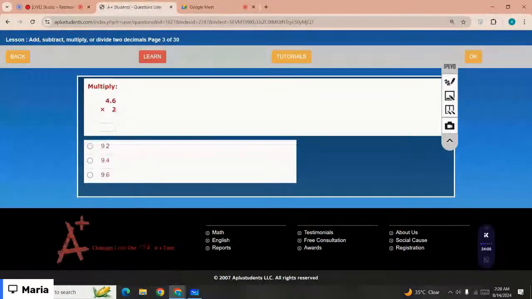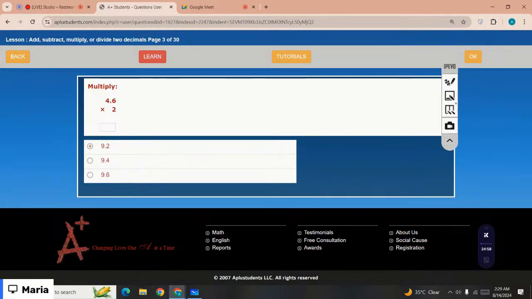Multiply 4.6 times 2. So which is the correct option? The correct option is 9.2.